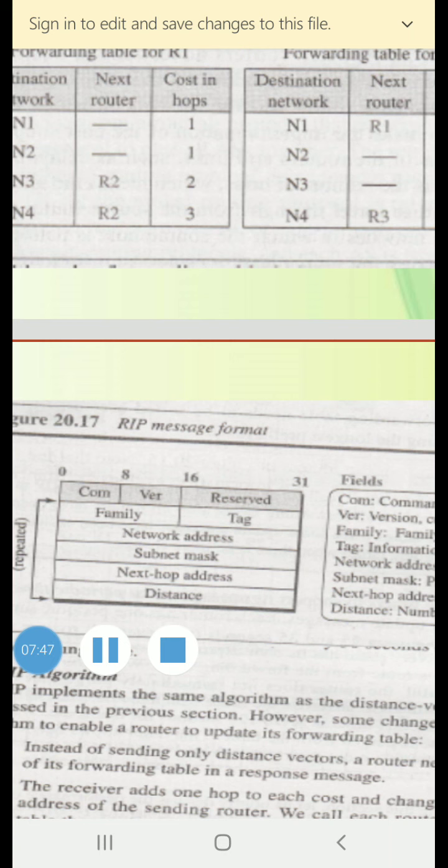RIP has gone through two versions, RIP 1 and RIP 2. The second version is backward compatible with the first version.